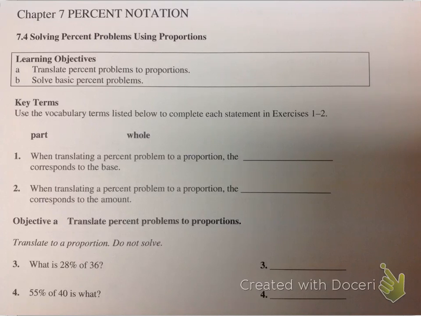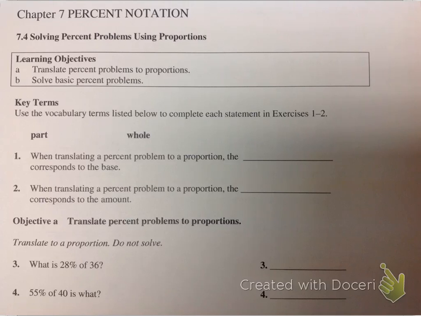Now we're going to look at solving percent equations but using proportions. So instead of translating to an equation, which we could do, this is another way you can solve percent problems: translate into a proportion.